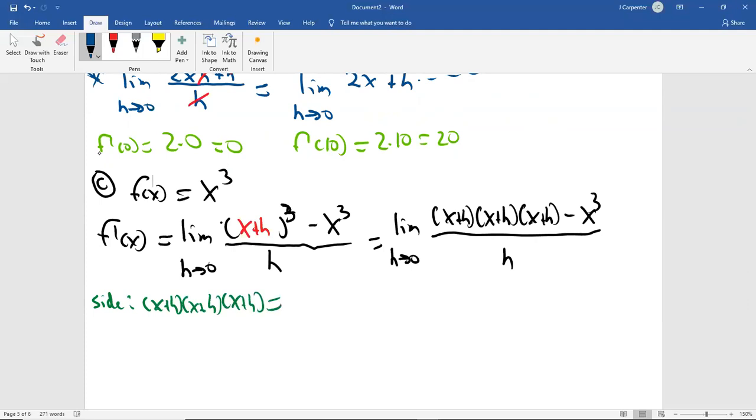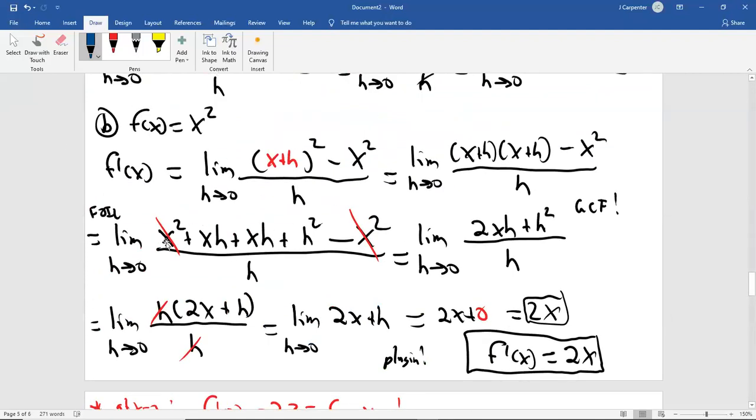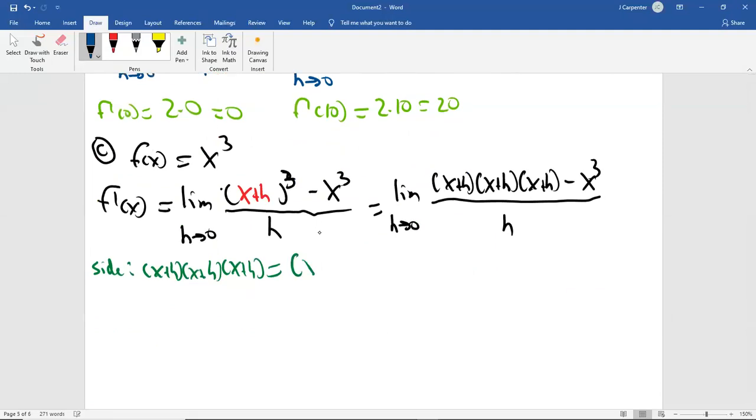Well, the first two we've already done. x plus h times x plus h was right here. It was x squared plus 2xh, the xh and the xh combined to make a 2xh, plus an h squared. So again, x squared plus 2xh plus h squared. That's this.